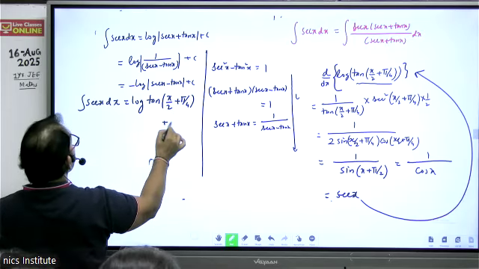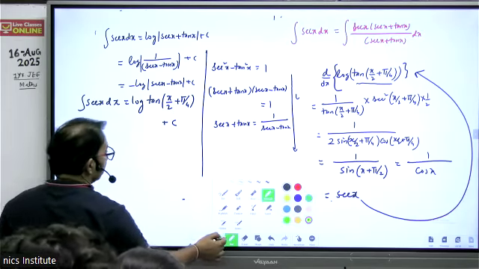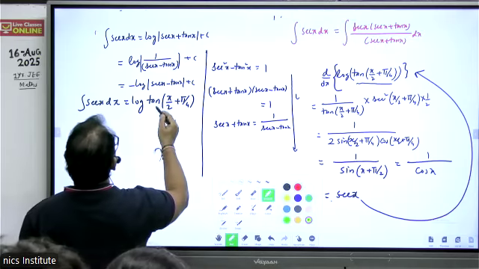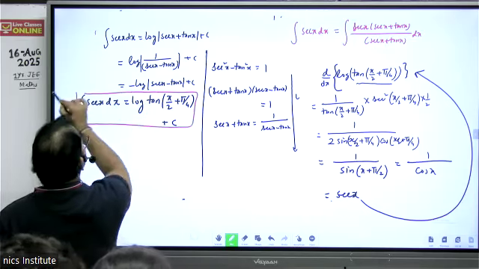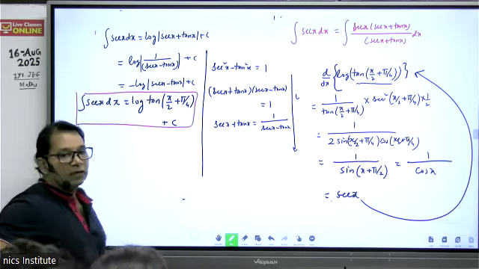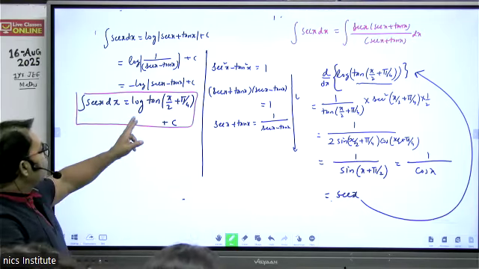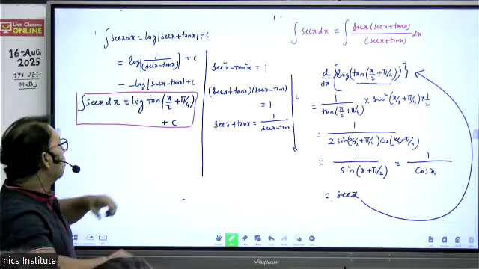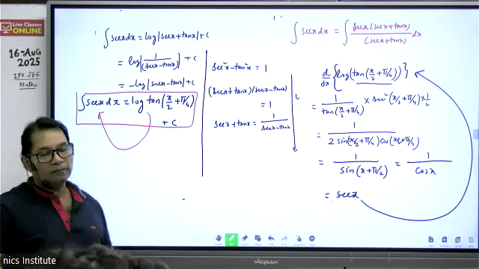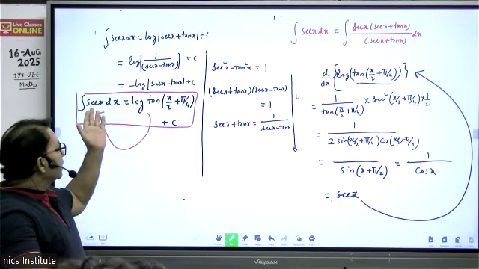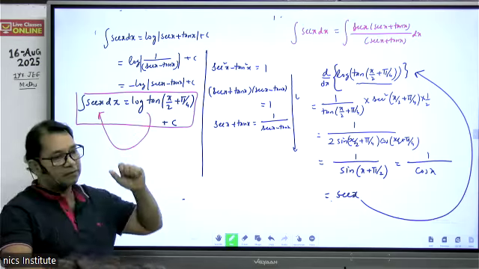Depending upon the MCQ options, we'll use whichever formula. So integration of sec x is also log of tan x by 2 plus pi by 4, because derivative of this is this.